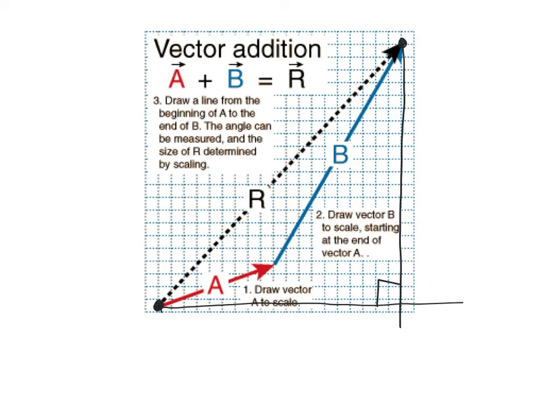So if I wanted to, I could just count the boxes along the horizontal. I'll call that for now delta x. I can count the boxes on the vertical. I can call that delta y. A or B, same thing. I could say delta x squared plus delta y squared equals R squared.